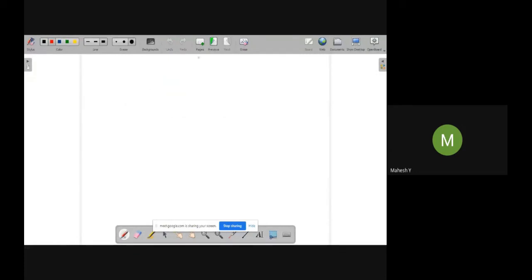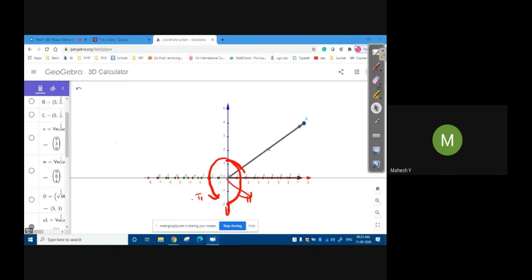Now we'll go for the conversion between systems. In the last class we have seen how to do the conversion from other systems to Cartesian, right? What was the relation? I'll consider now rho alone.